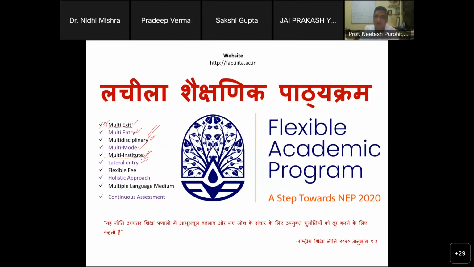Similarly, lateral entry has to be there. Now, fees is also a very, very important aspect. It is not categorically mentioned in the NEP 2020, but this is the derived one. And I'm going to discuss more about it. But holistic approach is something which has been categorically defined, very well explained in the NEP 2020, that the approach must be holistic.